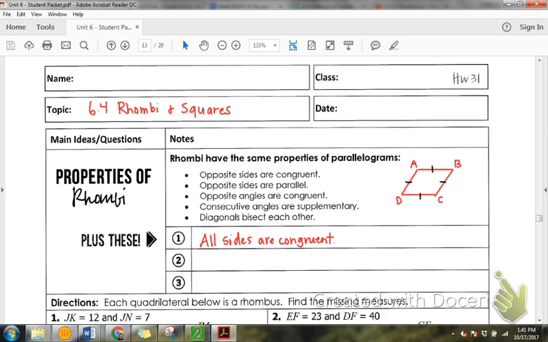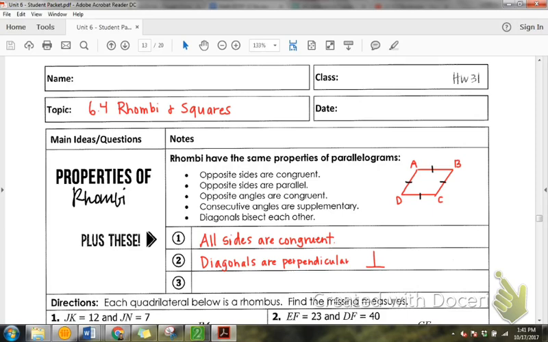Something else that's new is that the diagonals are perpendicular. Diagonals are perpendicular. What kind of an angle do perpendicular lines give us? Remember, this is the perpendicular symbol.